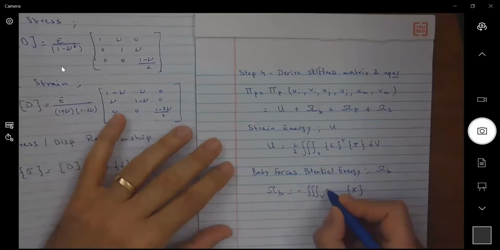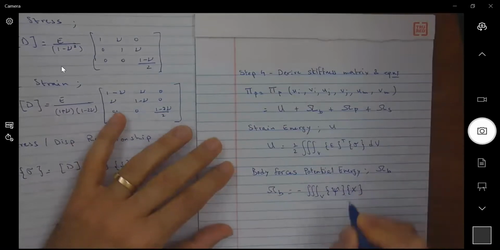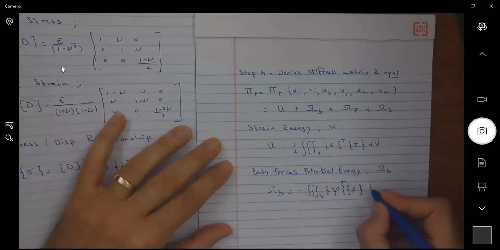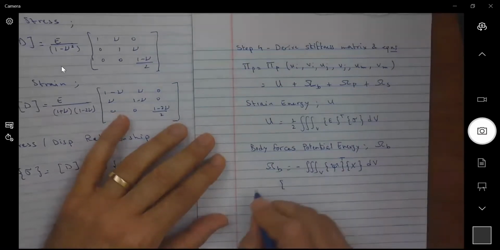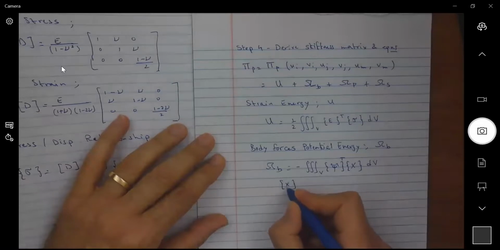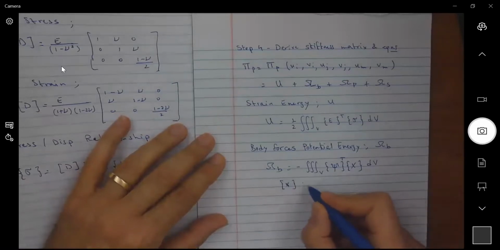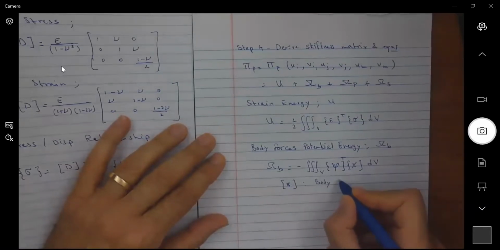So I'm going to multiply this by the displacement function psi and the transpose for the matrices to work out, and we're taking the triple integral over the volume. So this x represents the body forces.